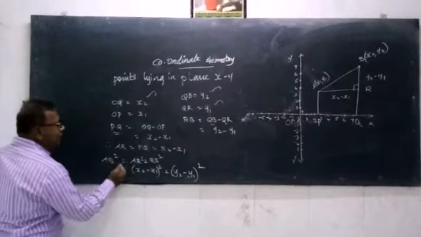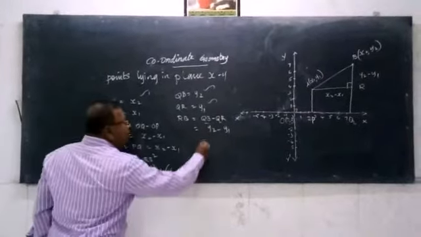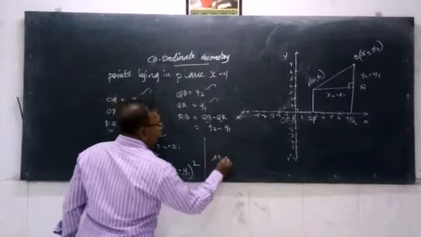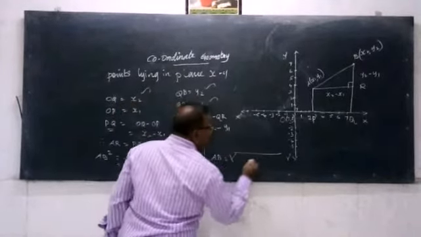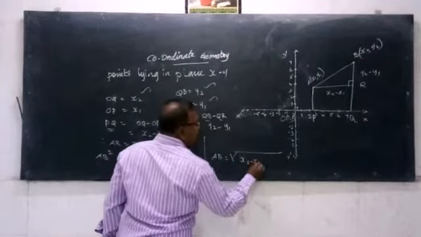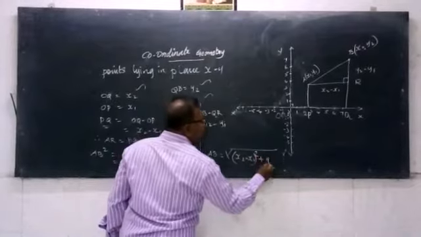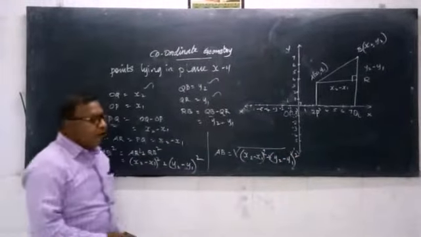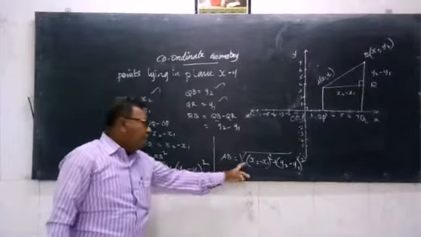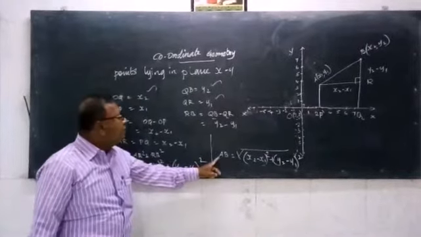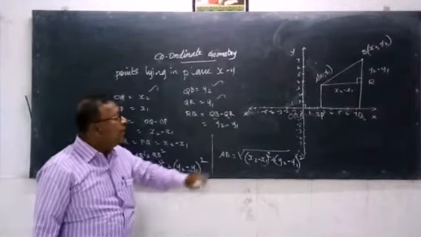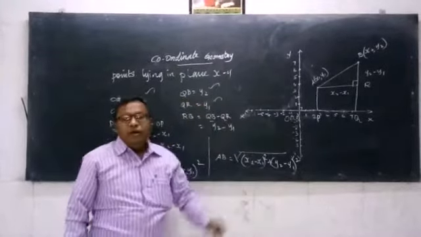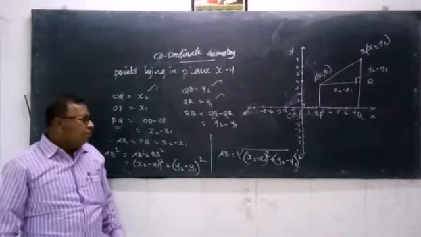So this is AB square. Now to get the distance AB, AB is equal to square root of x2 minus x1 whole square plus y2 minus y1 whole square. So this formula which we have obtained to find the distance between the 2 points A and B lying in the plane xy is called the distance formula.